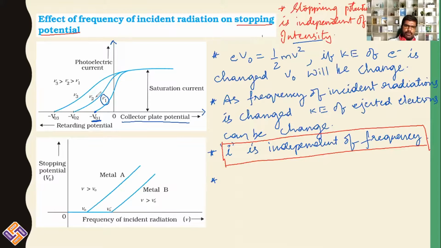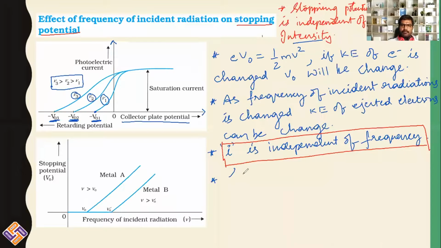For frequency nu2, if you increase the frequency of photons, to stop the ejected electron you need to increase the negative potential, so you provide minus V02. As you keep increasing the frequency, you need to provide more negative potential to stop those electrons because their kinetic energy increases. Therefore, frequency nu3 is greater than nu2, which is greater than nu1, and the negative potential supplied also goes on increasing.